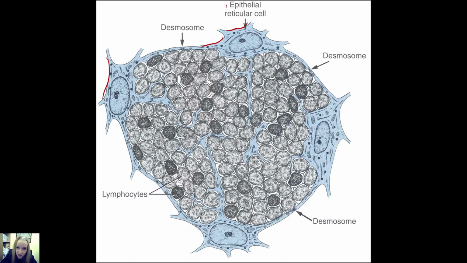This epithelium is very important. These are connected to each other with desmosomes. There are very tight connections between the processes of the cells, and we can also find lymphocytes between them. Many lymphocytes, and we can basically find only T lymphocytes in the thymus.